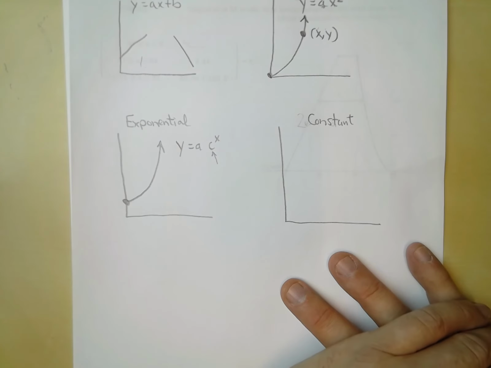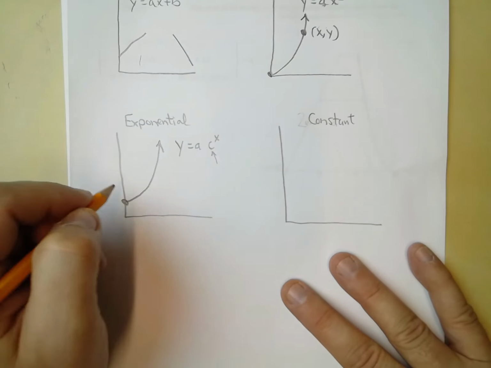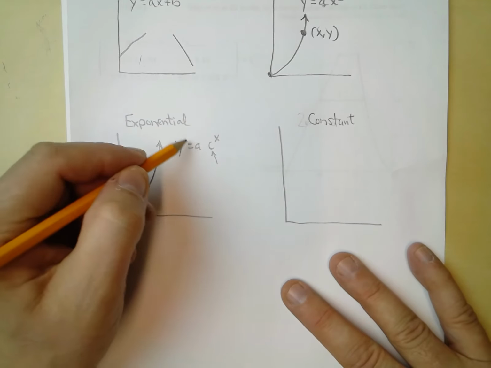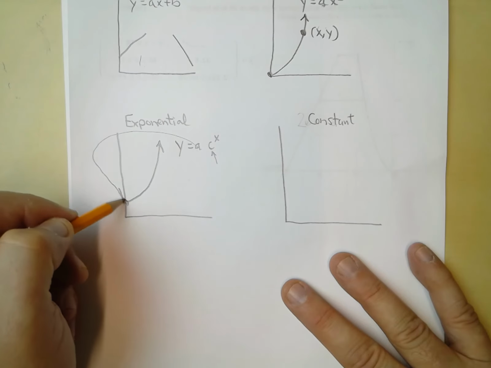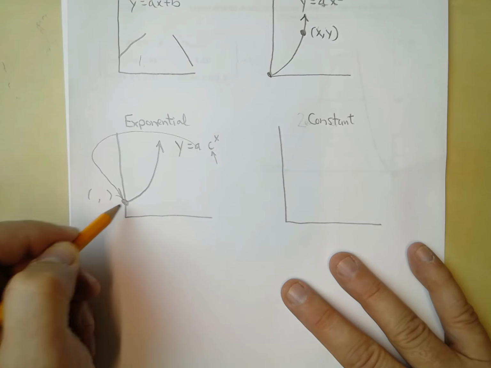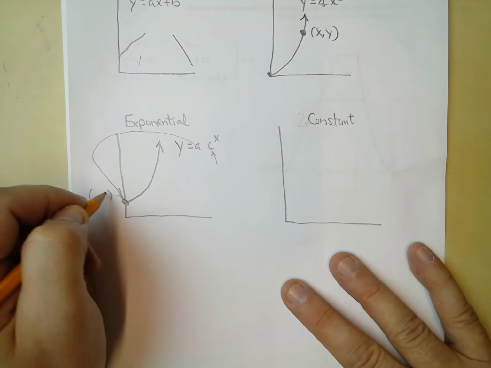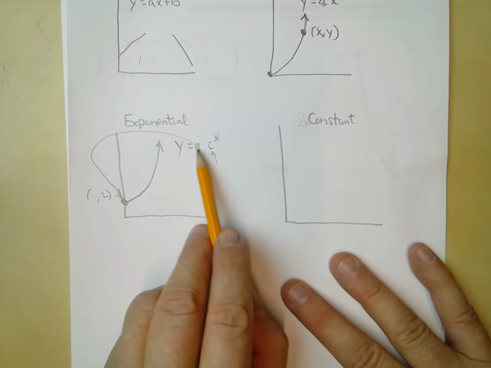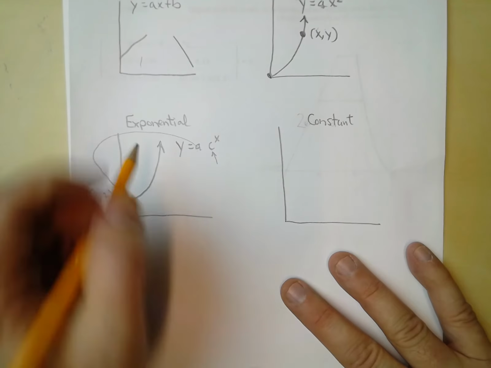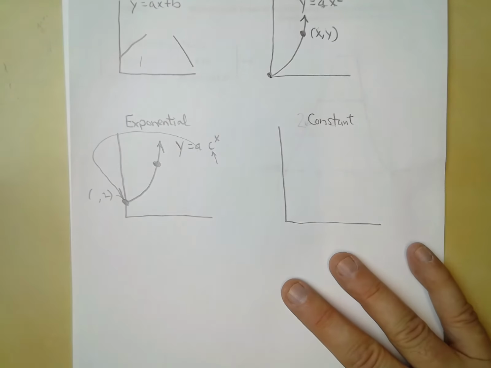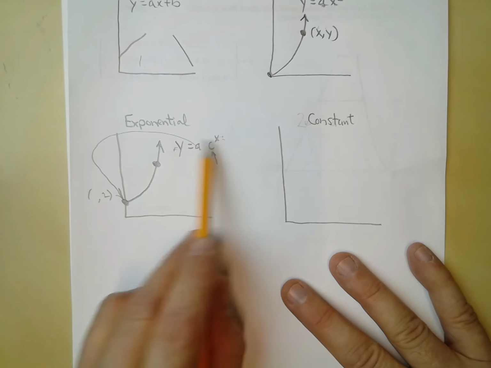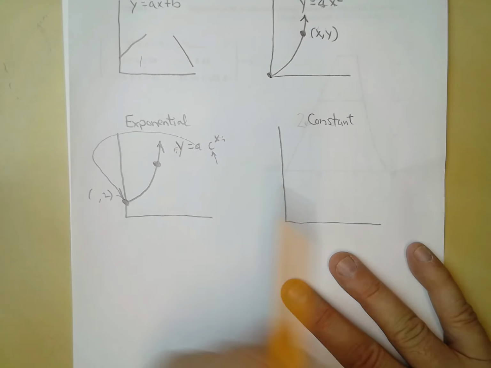You'll always be given that c. The a is really easy to get. It's the initial value. So the a will come from the y value of the ordered pair that the function starts at. So for example, if it started at 2, the a here would be a 2. And then you would just take another point that they'll give you somewhere in that function, x and y, and plug it in and solve.